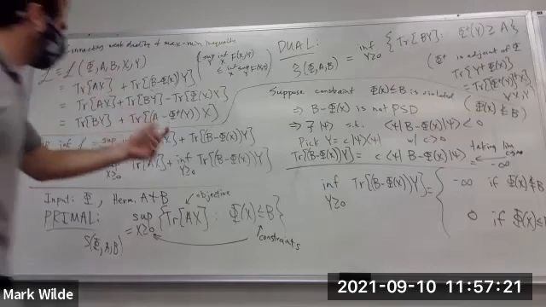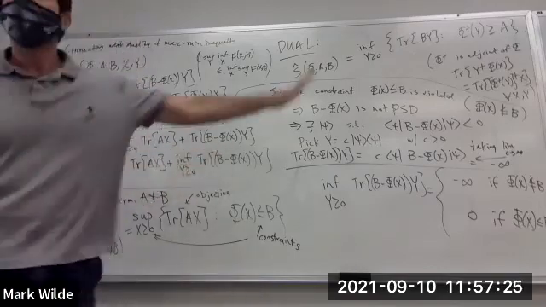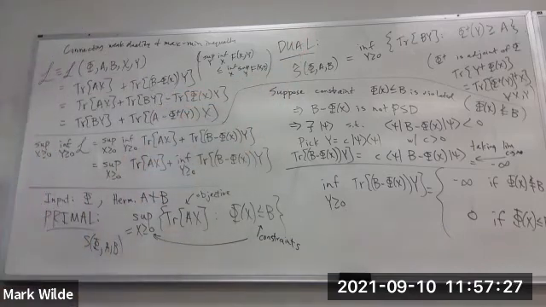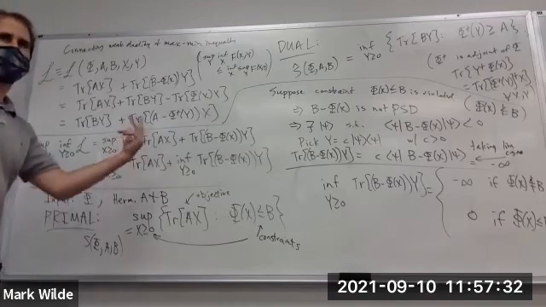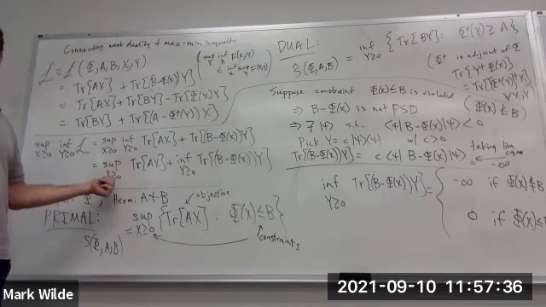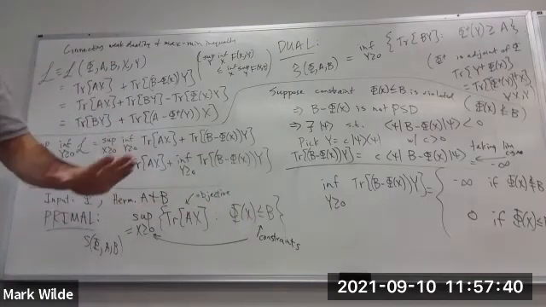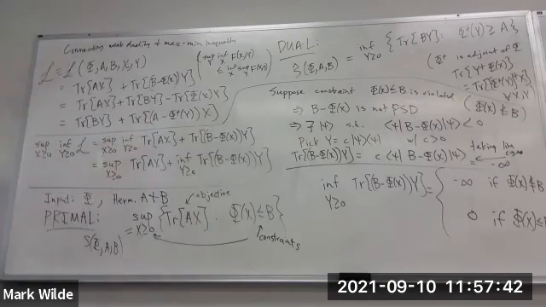Because if the constraint's violated, this person can pick a y such that the objective function is simply minus infinity. And so when you think of it in terms of a two-player game, this person had better pick an x that satisfies the constraints, or that person is guaranteed an infinite loss, right?